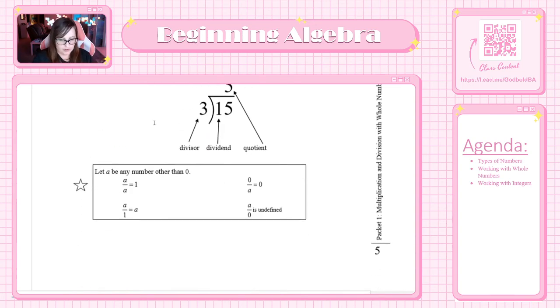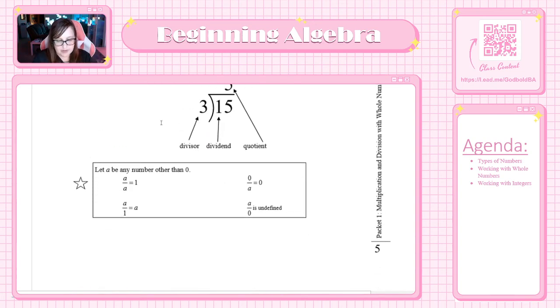Let it go. So here we have division. The order is important in this case. a divided by a is equal to 1. So any number divided by itself is equal to 1. And then any number divided by 1 is still equal to itself. 0 divided by anything is 0. But you can't divide a number by 0.